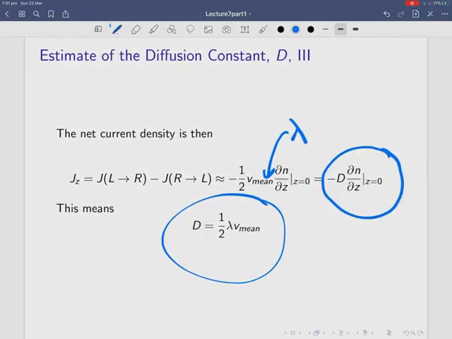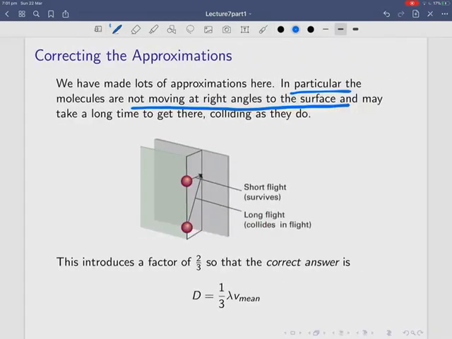A significant chance. Of course, everything's stochastic here. And they may take a long time to get there. So these ones going zip, they're maybe fine. Even these ones, of course, can still collide with another molecule because the mean free path is a statistical measurement. It's not guaranteed you won't be colliding in a length lambda, but these ones have a much higher chance.